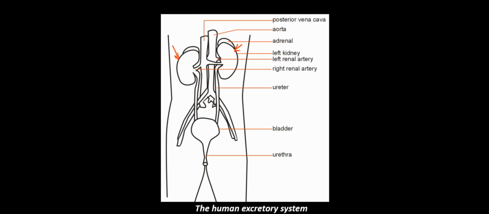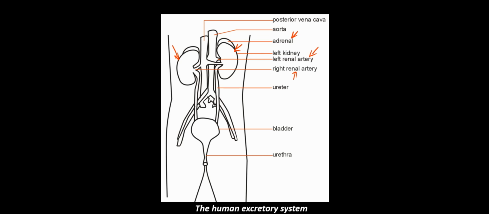There is a structure that lies at the top of each kidney, and this structure is known as the adrenal gland. Each kidney is joined with a renal artery, renal vein, and ureter. So we can see the left renal artery that joins the left kidney, and the right renal artery that joins the right kidney.